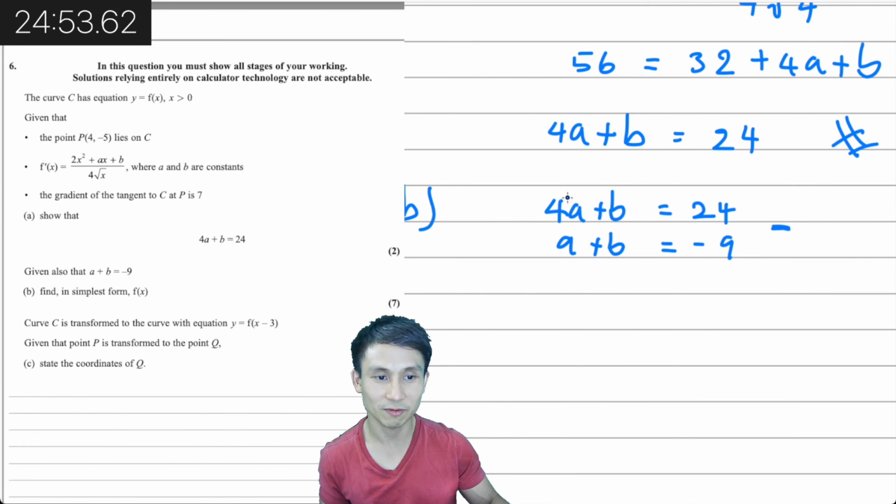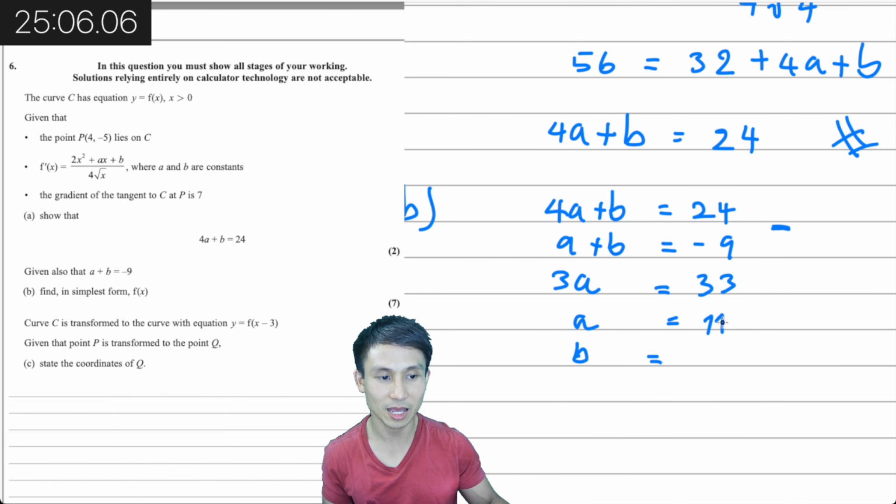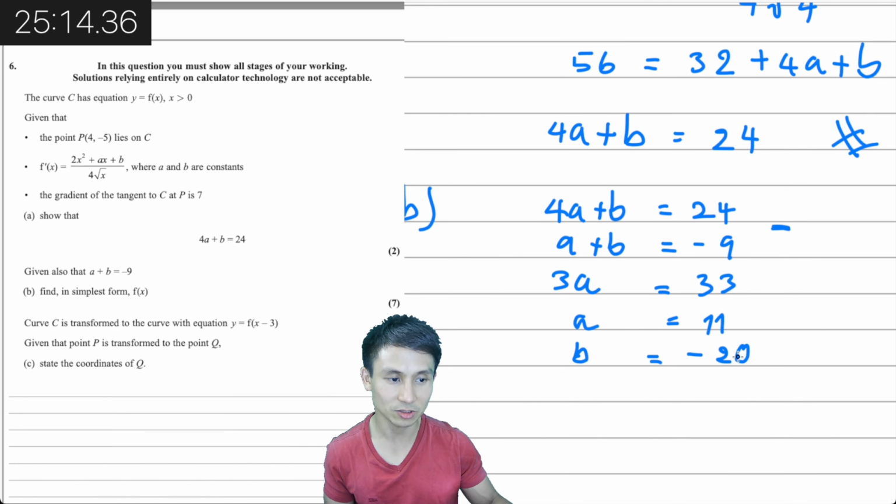So I get 4a minus a being 3a, b cancels away. 24 minus 9, I get 33. So a would become 11. And then b would become subbing a, 11, into this simple equation. 11 here got subtracted both sides. We would get b equals minus 20. So that's a and that is b.